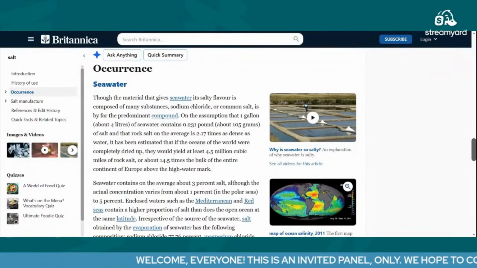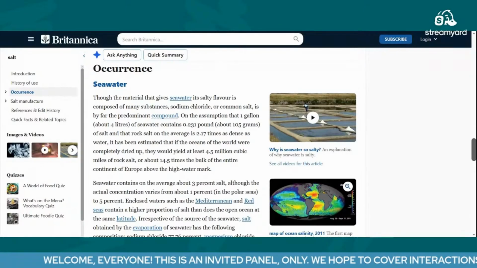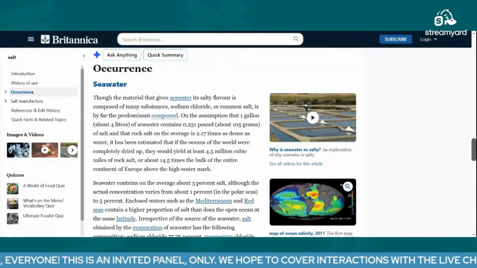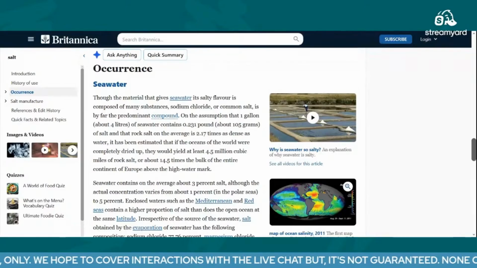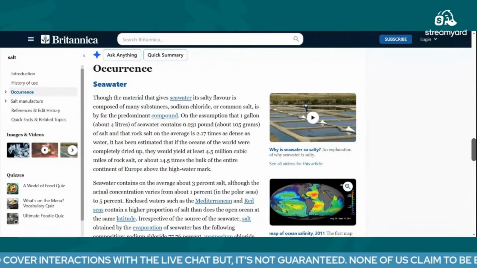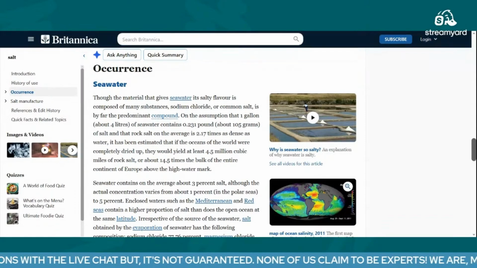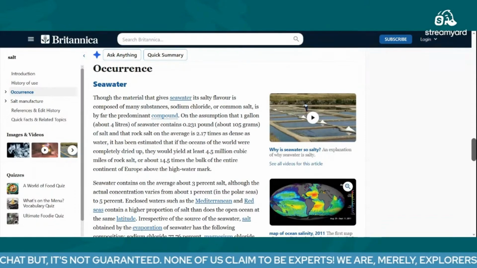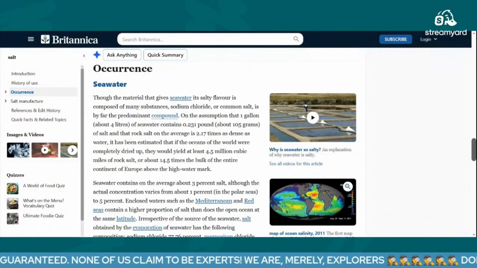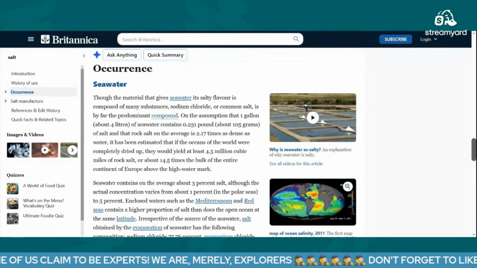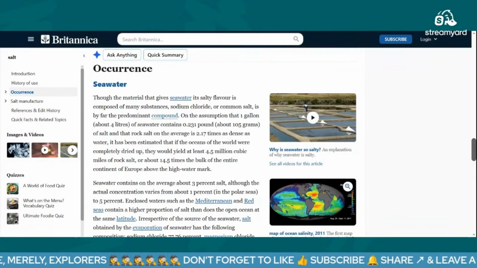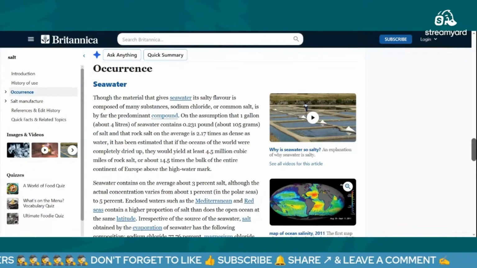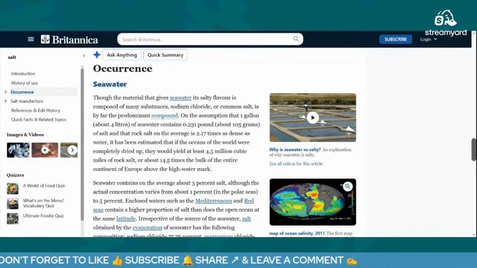On the assumption that 1 gallon, about 4 litres, of seawater contains 0.231 pound, about 105 grams, of salt, and that rock salt on the average is 2.17 times as dense as water, it has been estimated that if the oceans of the world were completely dried up, they would yield at least 4.5 million cubic miles of rock salt, or about 14.5 times the bulk of the entire continent of Europe above the high water mark.